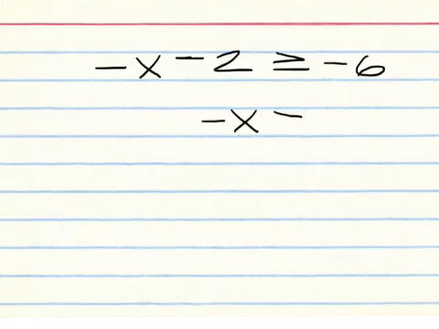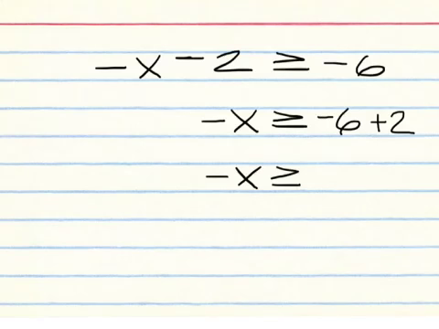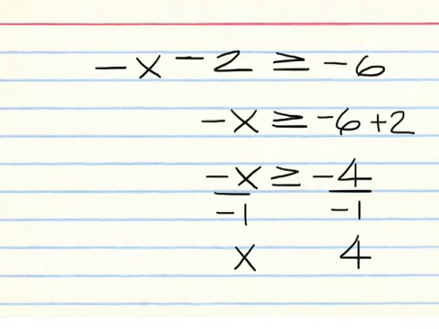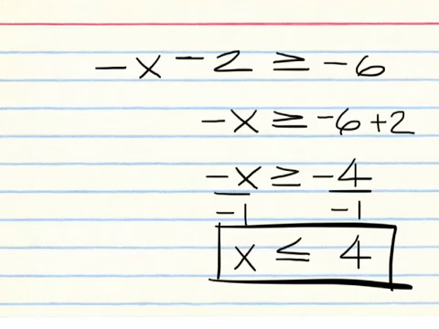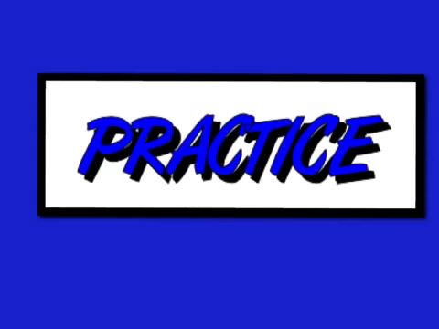Keep your negative x on the left, negative 6 on the right, and move the minus 2 over, make it plus 2. Negative 6 plus 2 is negative 4. Divide both sides by negative 1. You have a positive x and a positive 4, but since you divided by a negative, flip the inequality sign. The answer is x less than or equal to 4.